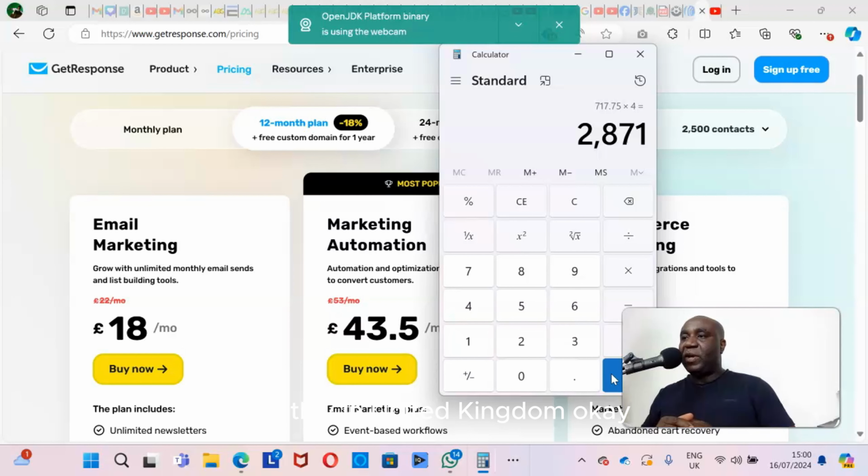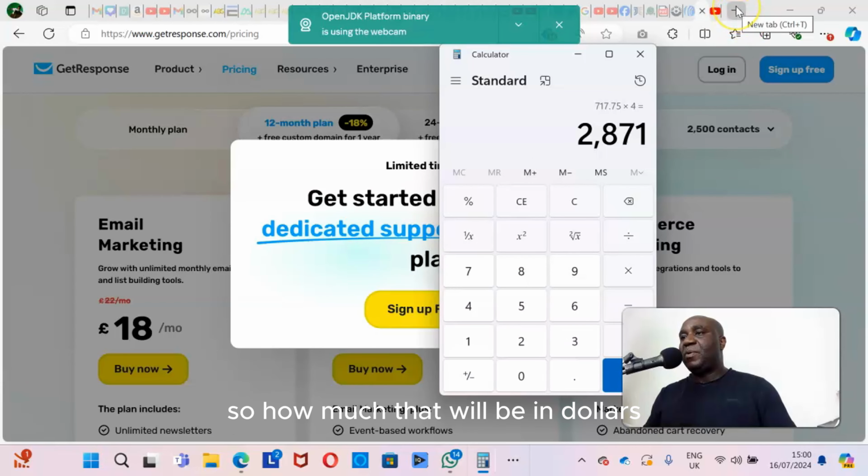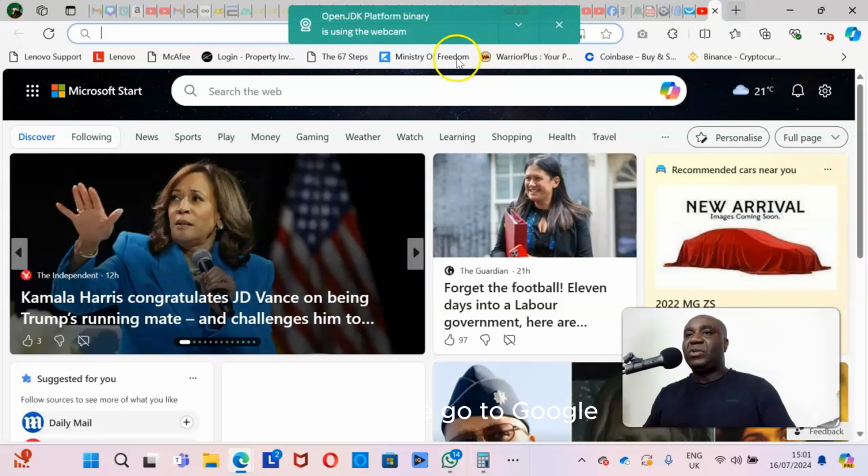monthly in United Kingdom. Okay, and because we're talking about pounds, if we were to convert that to dollars, based on the exchange rate, I think I'm going to check that. So how much will that be in dollars? 2,871 to dollars.